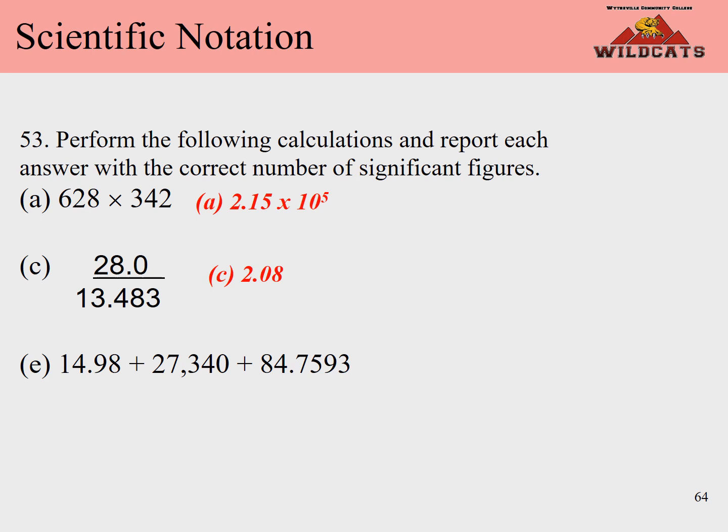And finally, E, when I go to add all these together, the 14.98 goes out to two decimal places to the right, but the 27,340 only goes to the tens place. So our answer can only be 27,440, because that 27,340 only goes out to the tens place.